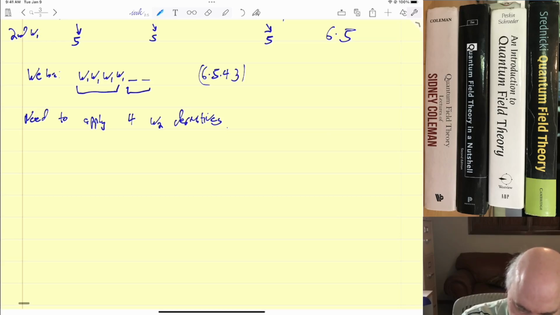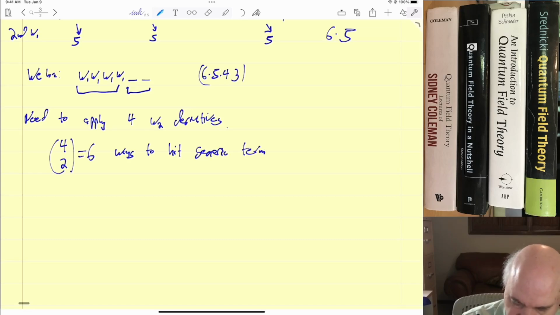To see which W1s we hit, which factors we hit in the beginning, we have 4 choose 2. This is equal to 6. 6 ways to hit the generic term. And once we do that, the other 2 have only one way to hit, so that's all we get.